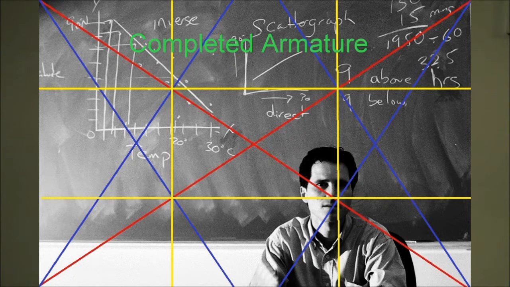Once I put in all four of them, what I end up with is something that is basically called a complete armature. Notice that those lines, although they do not follow the rule of thirds, they do now delineate certain horizontals and certain verticals. And notice that the convergence of many lines is at or near the face of the man in the picture.